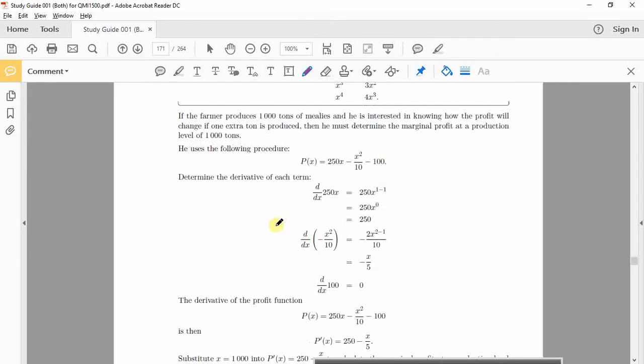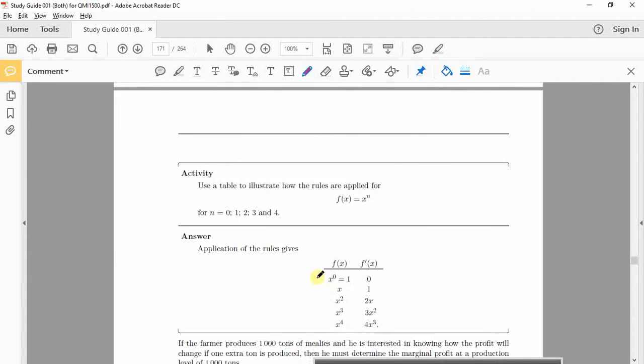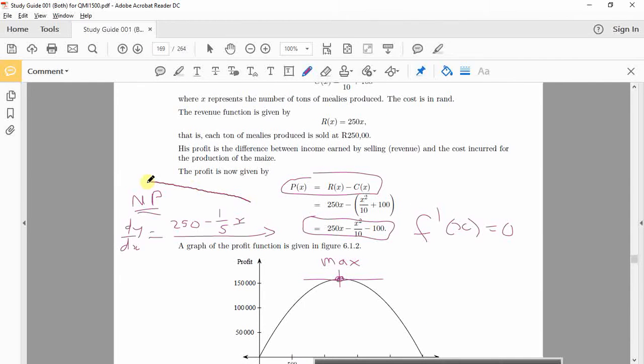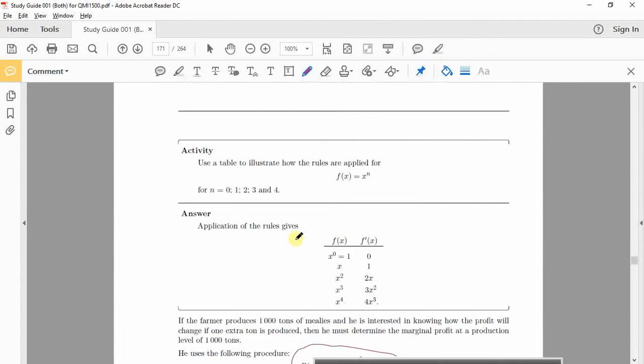Have a look. There's the profit function, and then there's the derivative: 250 minus x over 5. See? It's just applying the differentiation.